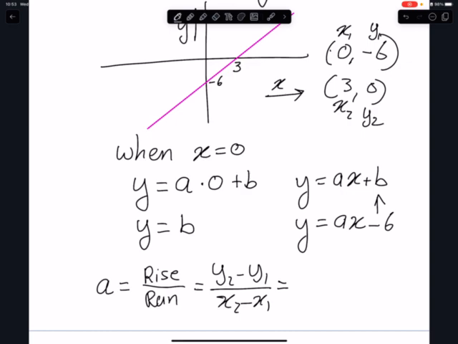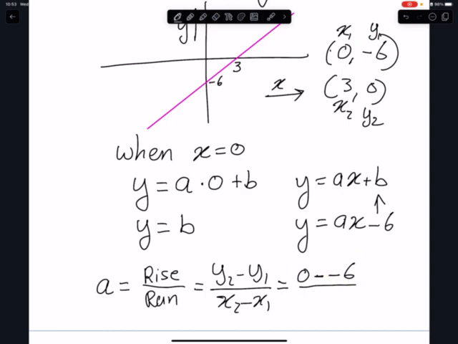So what then follows? y2 is 0. What is the formula? y2 subtract what? y1, which is minus 6. Do not forget, it's minus. And my y1 is negative, so 0 subtract negative 6.